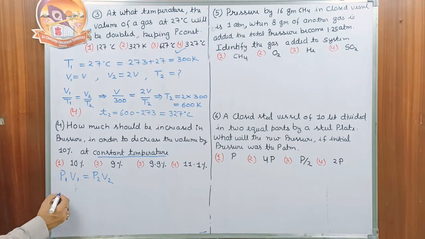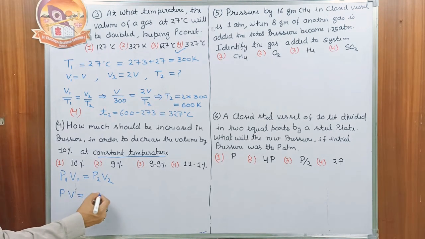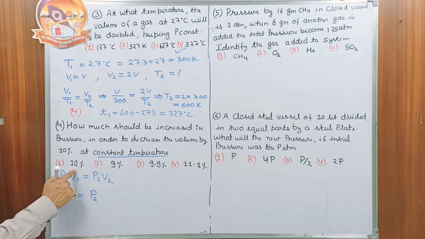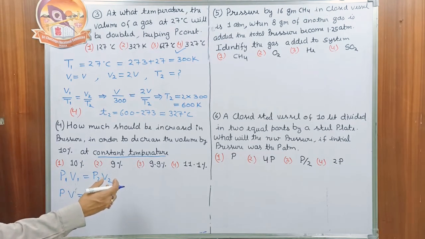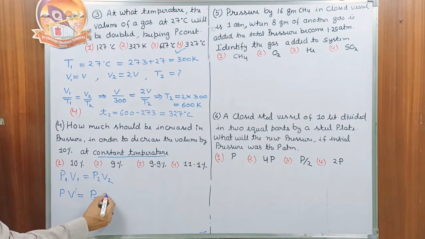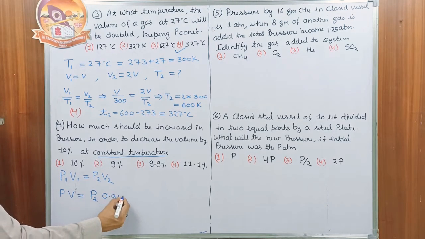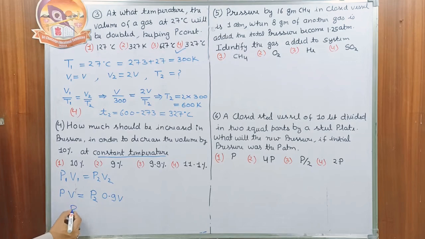What is P1? Initially P1 is P. What is V1? Initially volume is V. We want to know P2 when the volume decreases by 10%. Initially the volume is V, after the 10% decrease, what is the new volume? It is 0.9 V. So what is P2?